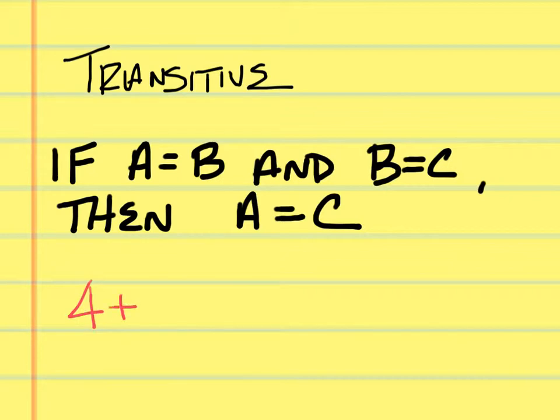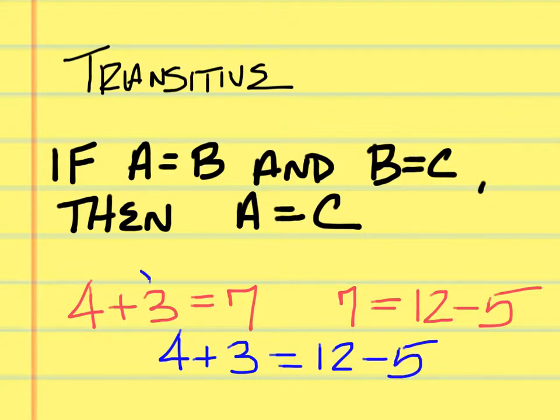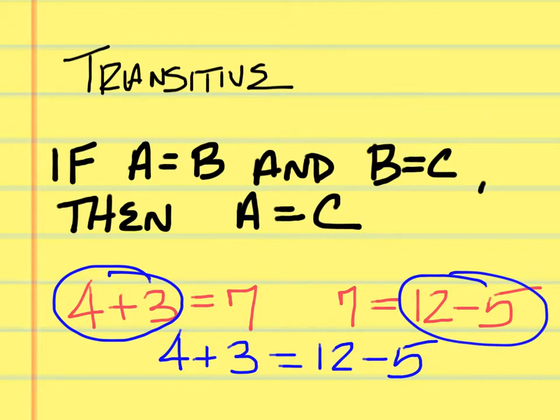If 4 plus 3 equals 7, and 7 equals 12 minus 5, I could say 4 plus 3 equals 12 minus 5. Since this equals 7 and this equals 7, they should be equal to each other.